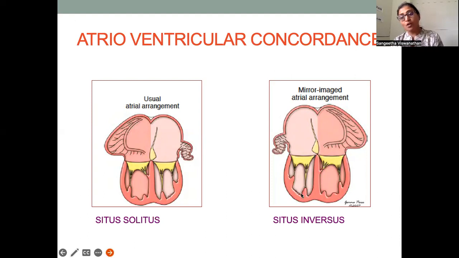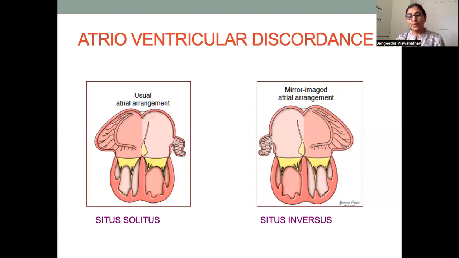So left ventricle will also be on the right. Right atrium on the left, which is concordant. So right atrium, right ventricle, both will be on the left. So that is why it is important to analyze each segment separately, so that it doesn't get confusing for you, right? So here you have situs solitus with AV concordance, situs inversus with AV concordance, okay?